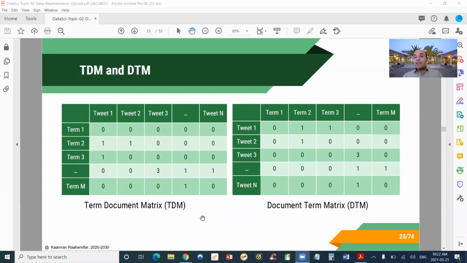Technically speaking, you can potentially represent documents and the terms that you're going to use inside a term document matrix, TDM, or document term matrix, DTM. Here it is actually quite easier to think of tweets. Tweets are supposed to be short sentences, and you are going to have terms inside that are supposed to be meaningful.